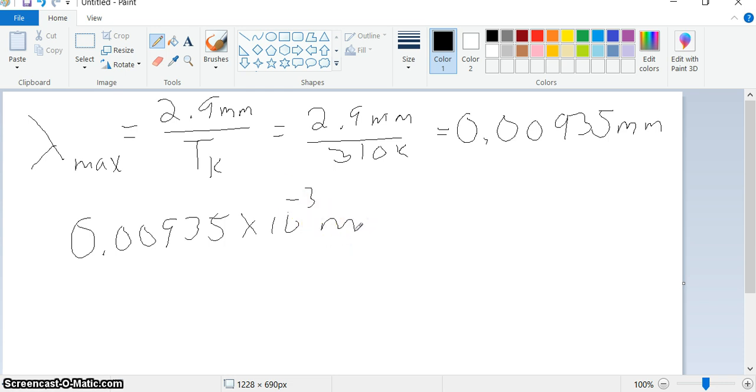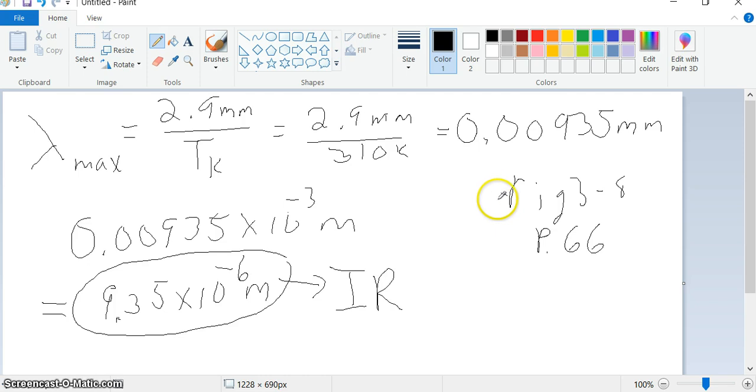Now, the reason that we did it in meters, if you look in the textbook, you can look at a table. And actually, if you look at Figure 3-8, which is on page 66 of our e-text, the reason for looking at that figure is when we calculate this in meters, and of course I'm going to move the decimal place to put it in scientific notation, you get this number, which is in the infrared.